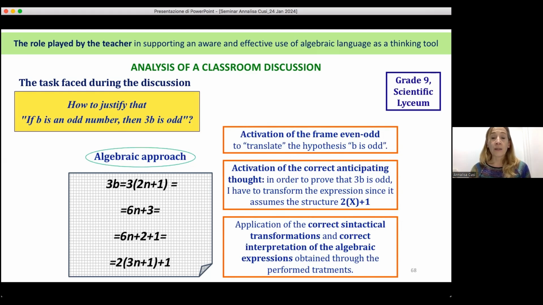Then a correct anticipating thought should be activated, that is, that the final form of the expression should be 2 multiplied by something plus 1. Obviously, there is also a need of performing correct transformations at the syntactical level, but also of interpreting the algebraic expressions that are obtained during these transformations.